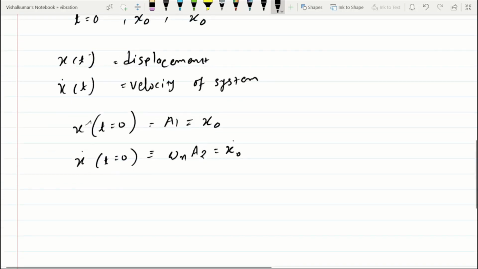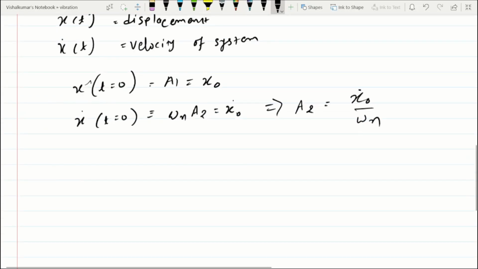So a2 is equal to x dot 0 divided by omega n. Now we have the values of a1 and a2.